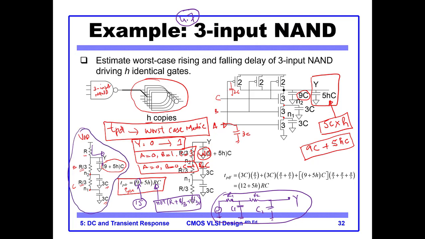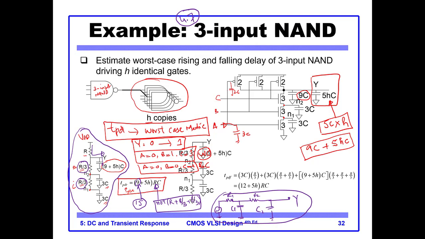Here the output is not shared among all the capacitors, but only the output is taken from one node. In that case, we have to count all the capacitors at every node, but the resistances, because they are not on the shared path, will not be considered. Okay, so this is very important to understand.